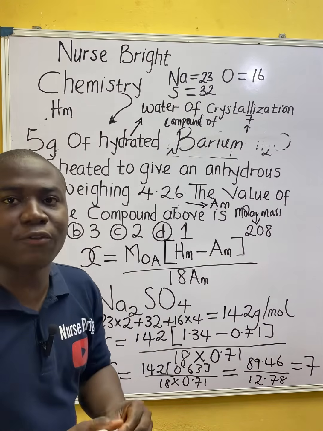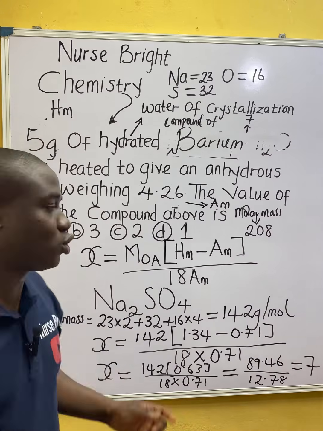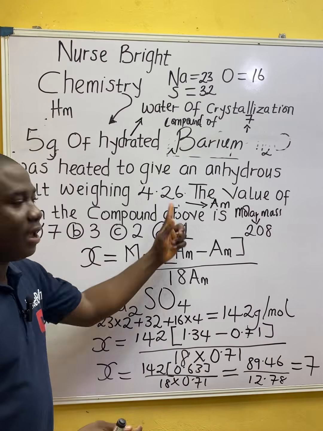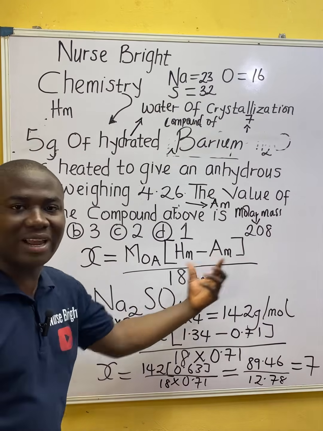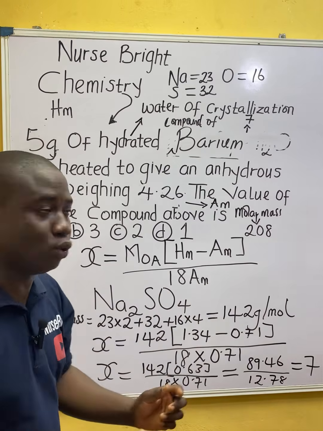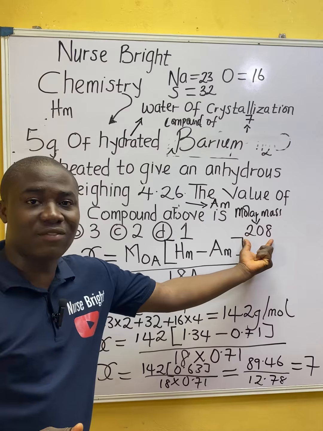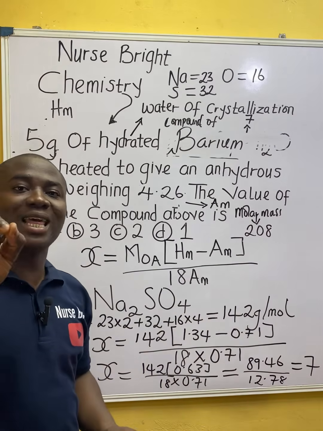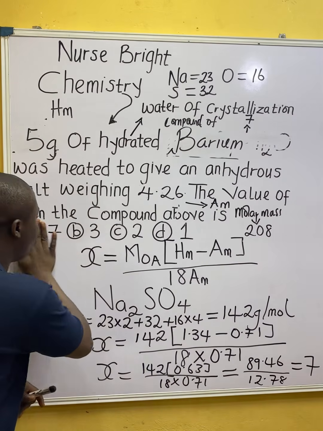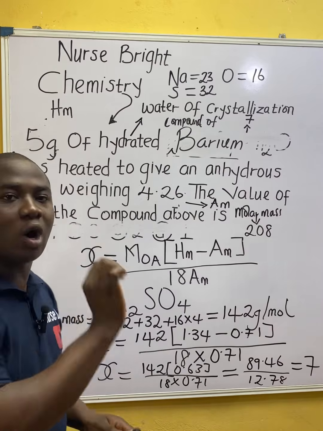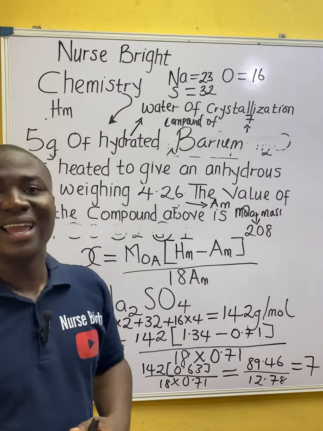So you calculate for the value of X. You know the normal way to solve. X will become MOA into HM minus AM divided by 18AM. You understand what to do? So what you do for me, provide the answer in the comment section, whereby I'm going to remove all of these options. So you solve carefully and provide the answer in the comment section.